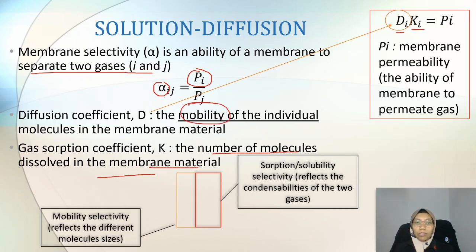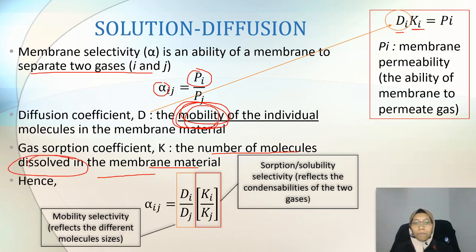One we call mobility, which is diffusion; gas sorption is dissolution. If we rearrange the selectivity based on permeability, we get this equation. Di over Dj means mobility selectivity, while Ki over Kj means sorption selectivity.